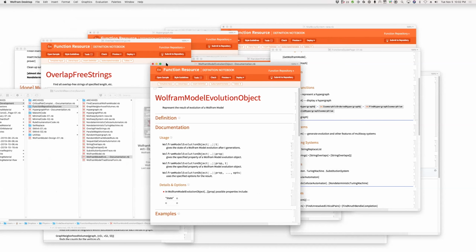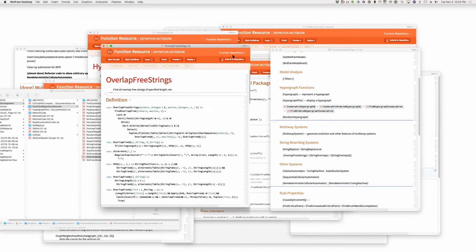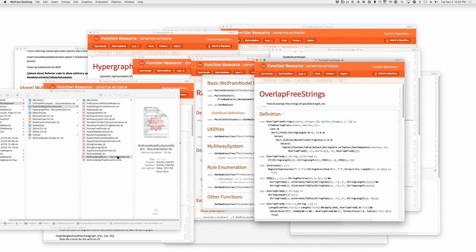Okay, the Wolfram model evolution object is a thing, right? But should it really be? Yeah, so how does it work? Because it doesn't seem like it should be a function repository function. Why not? Well, it doesn't make any sense without Wolfram model, and it shouldn't be used by the user directly.